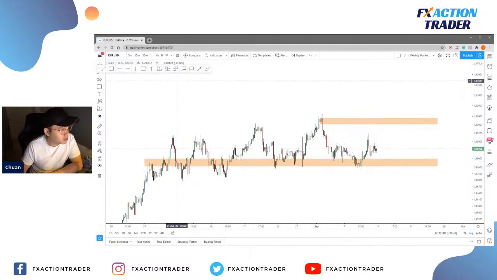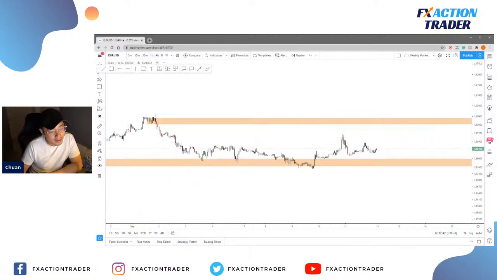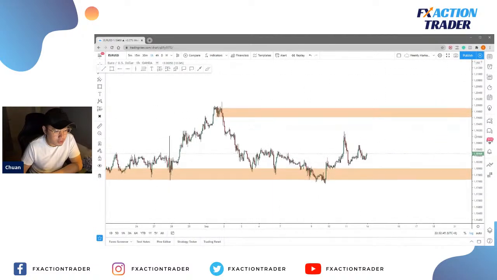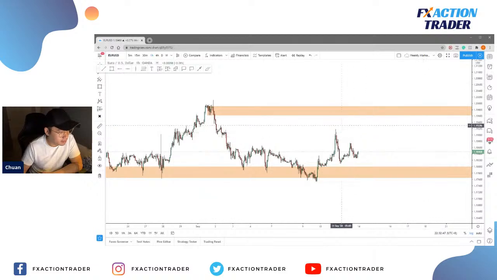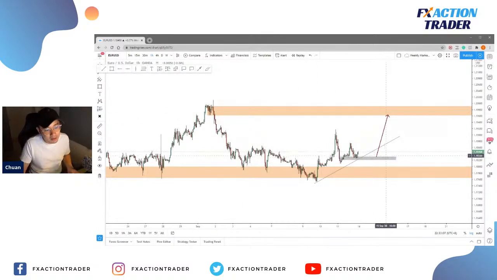So for this euro dollar, this week I am going to look for some possible buy setup. This is on the H1 chart. I'm going to look for a possible buy setup here, with my target take profit level at this previous high, where we have about 122 pip space to go.